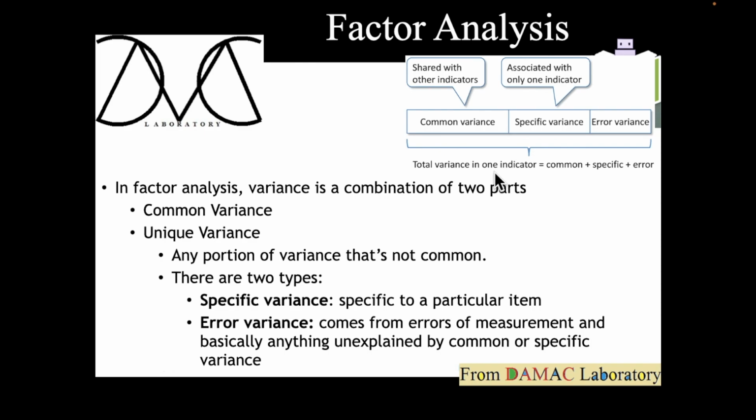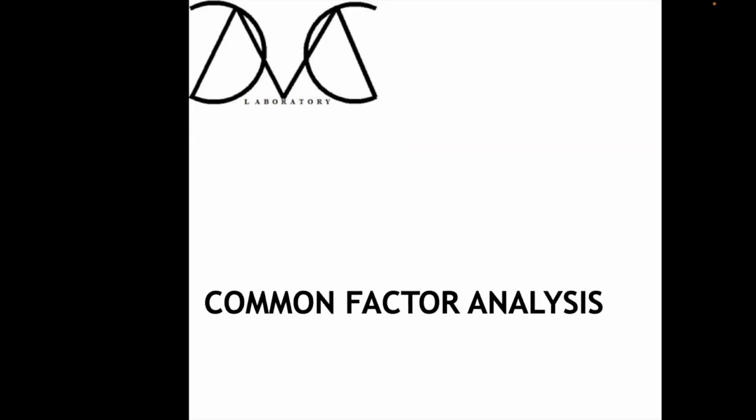In PCA, principal component analysis, we include all three variances. But in common factor analysis, we use only the common variance. So the term common comes from this common variance, because we are considering only the common variance to do the factor analysis. That's why it's called common factor analysis, right?